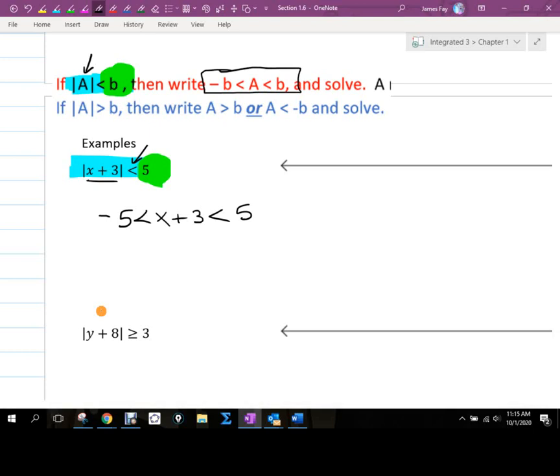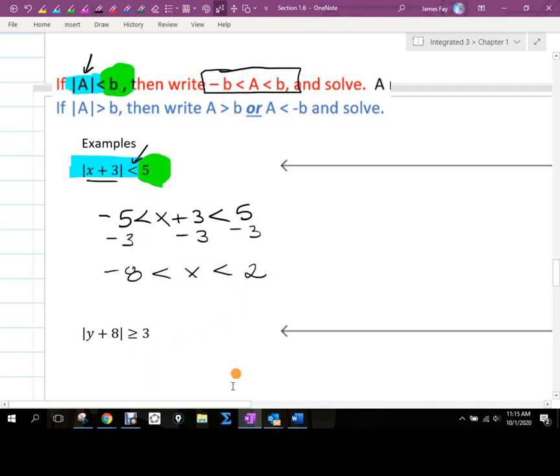And now that generates something that we talked about in section 1.5. We should be able to solve that by subtracting 3 from all 3 parts. And I get negative 8 is less than X is less than 2, right? Does that make sense? And now we graph it.